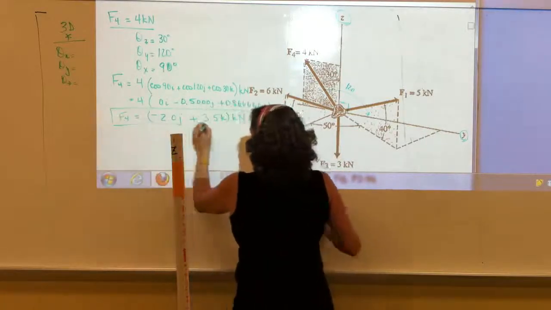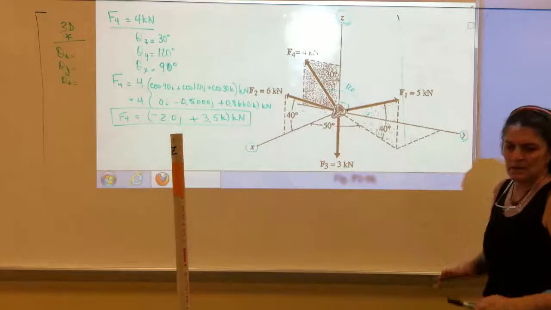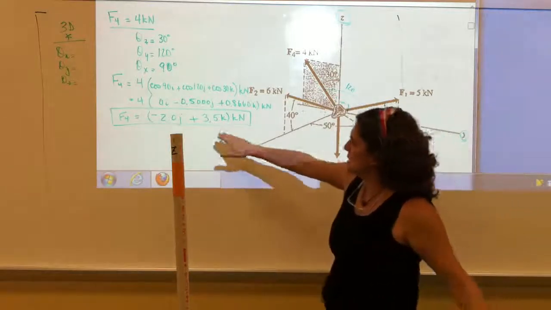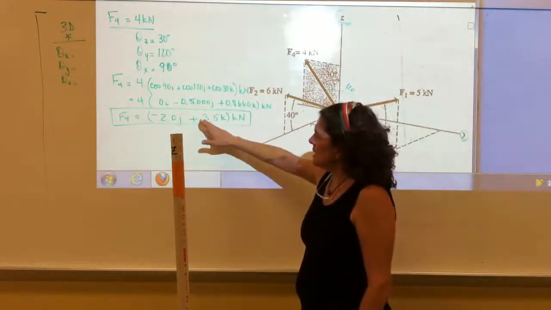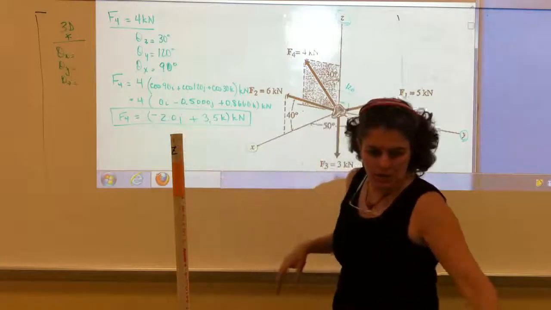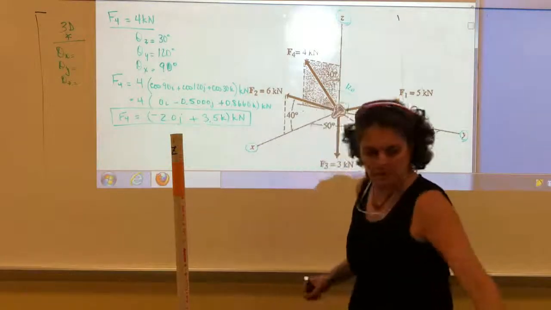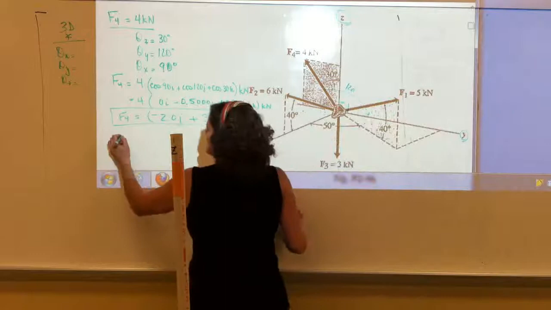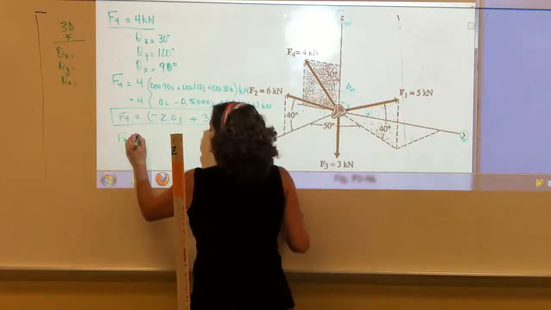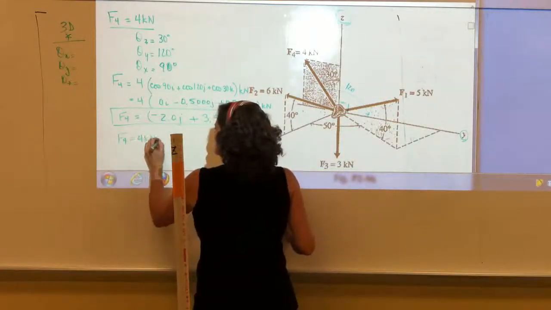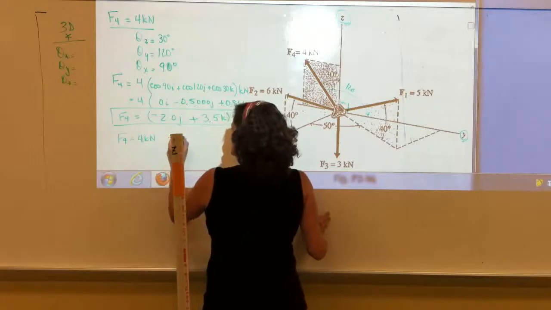How did we represent this? We represented it in vector form. What's the other way? Magnitude and direction angle. So let's write that. Magnitude and unit vector.